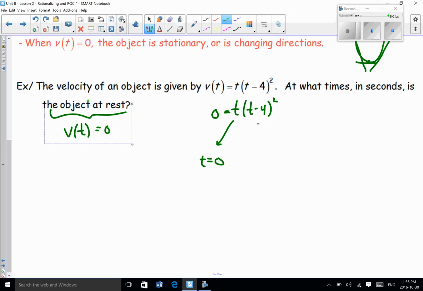So either t squared equals 0 or t minus 4 equals 0. In other words, t equals 4. So there are 2 times where this object is at rest. Now it may be stationary, not moving, or it might be changing directions, but it's at rest. It's not moving at those 2 points. Okay, so we can approach these things the same way we did quadratics and cubics and quartics and all those other things. We just have to recognize the language is talking about change in your rate.